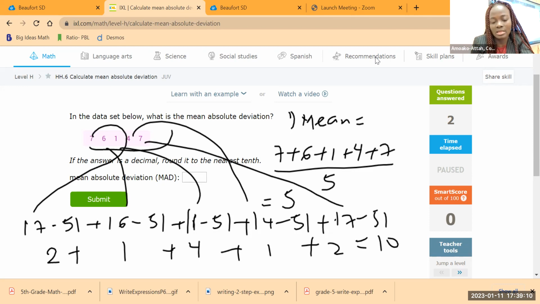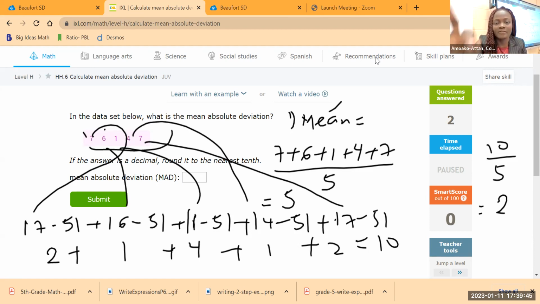When you get your answer, you now divide it by the number of values given to you. How many values? 1, 2, 3, 4, 5. So 10 divided by 5, you get your final answer of 2. The question said if the answer is a decimal, round it to the nearest tenth, but this is a whole number, so there's no need to round. So step 1: find the mean of the values given to you.